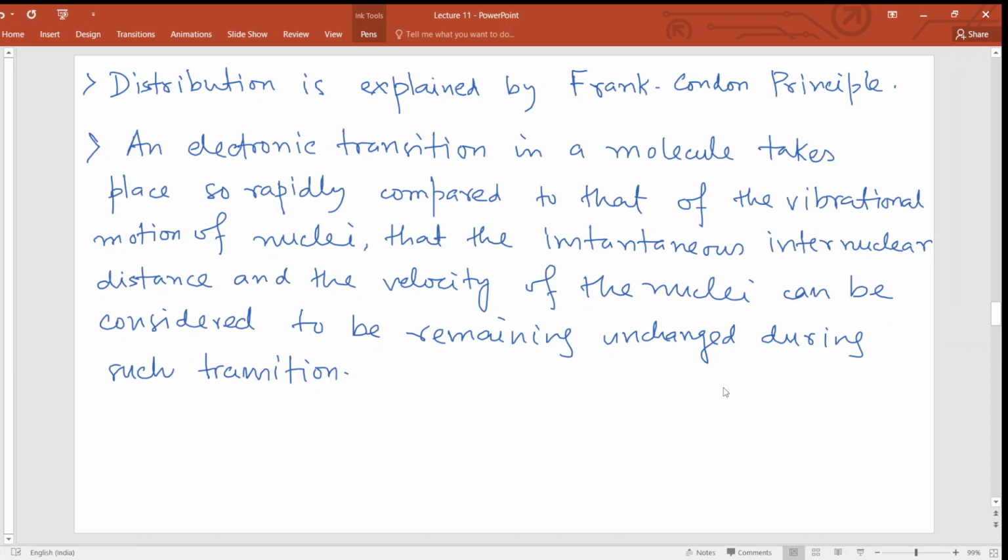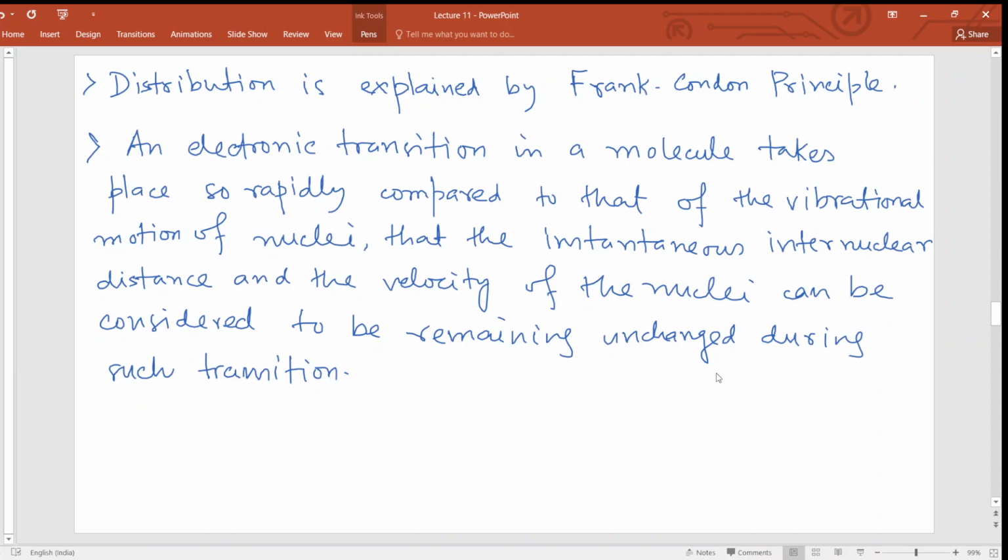We are talking about electronic transitions. As we know, electrons are very light compared to the nuclei. The time scale involved in an electronic transition is very small; these transitions are much faster compared to vibrational or rotational motion. So these electronic transitions happen so rapidly that during that time the vibrational motion of the nuclei can be ignored, because the nucleus is much heavier.